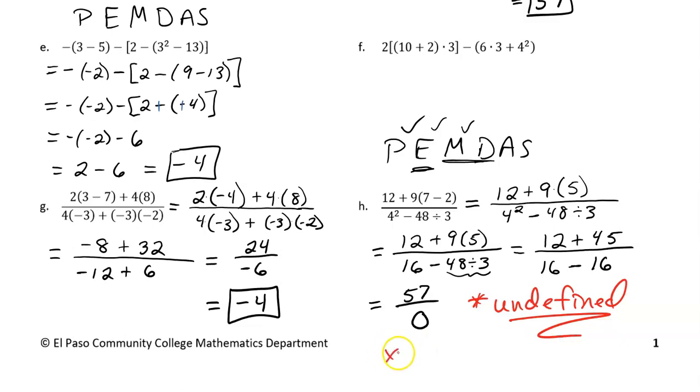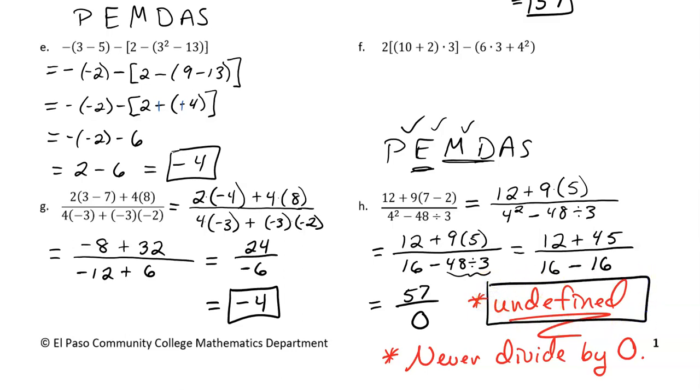And that's because we can never divide by 0. Right? That's our golden rule in math. We can never divide by 0. So our answer in this case, the expression is undefined. Right? It doesn't exist because of that 0 in the denominator. Can I have a 0 on top? I could, but just not in my denominator below.